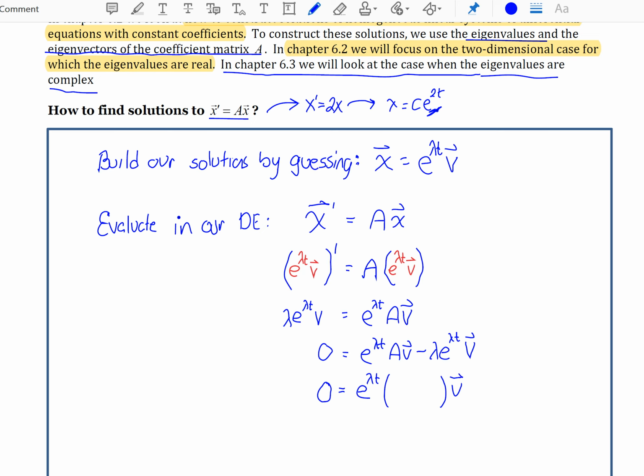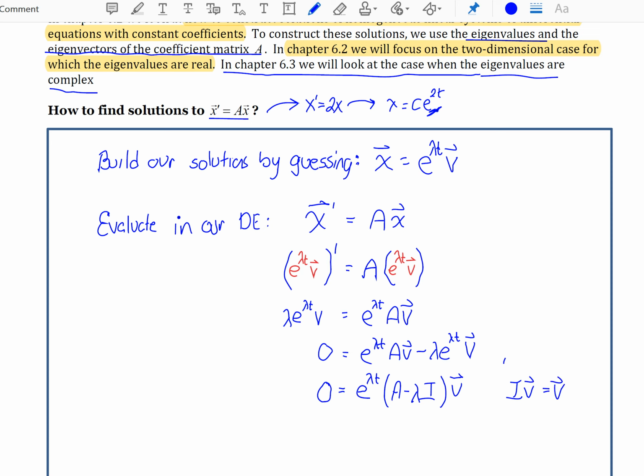Now remember from chapter 5.3 when we looked at this, to factor out the v, we have to insert the identity matrix here. And this is allowed because recall, I times any vector is that vector.